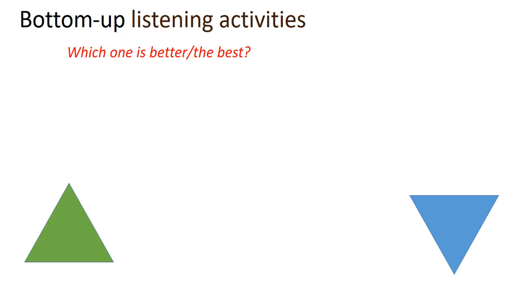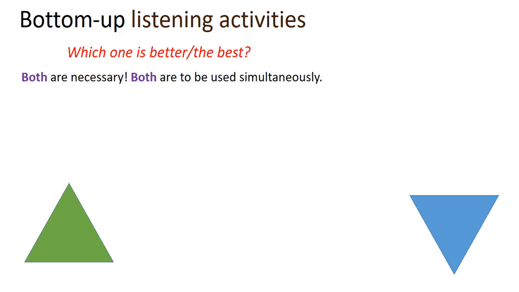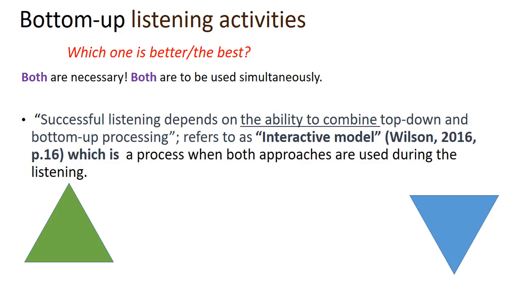Which one is better? Which one is the best? What do you think? Yes, both are necessary. Both are used simultaneously. Actually, based on Wilson, successful listening depends on the ability to combine top-down and bottom-up processing.